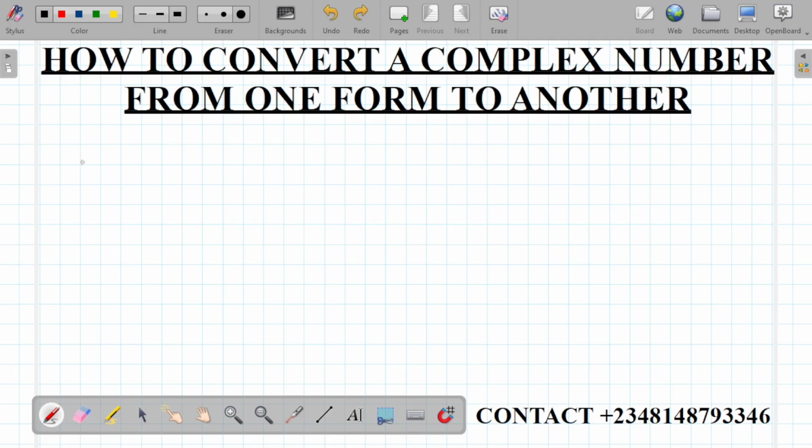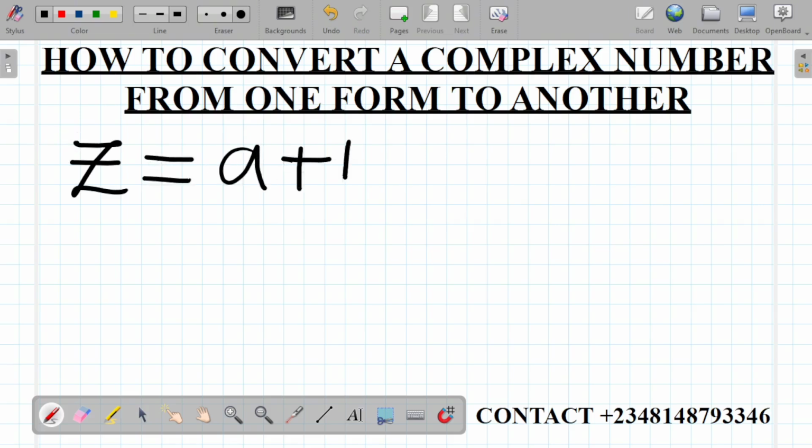Alright, so let's look at how to convert a complex number from one form to another. Now recall that the rectangular form of a complex number is written as z = a + bi. So this is the rectangular form.